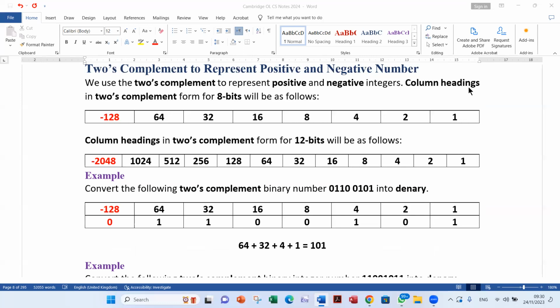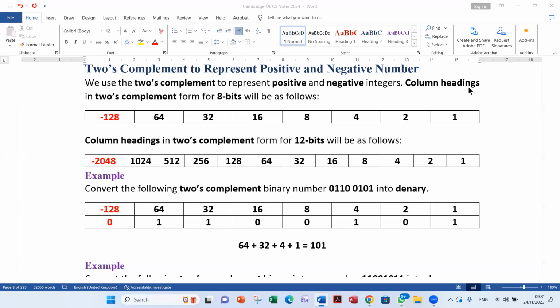This number has a 0 on the far left, so it will not have any negative component. It will just be positive because the negative 128 is multiplied by 0, so it is gone. I can give you some advice. If you have a number in 2's complement and you'd like to know whether it is positive or negative, look at the far left digit.